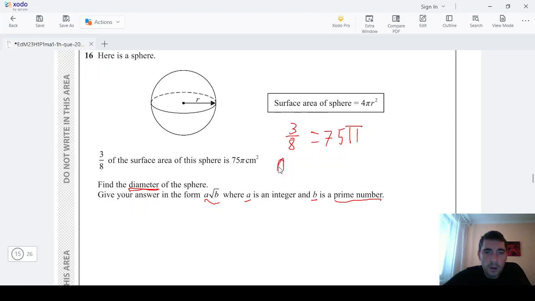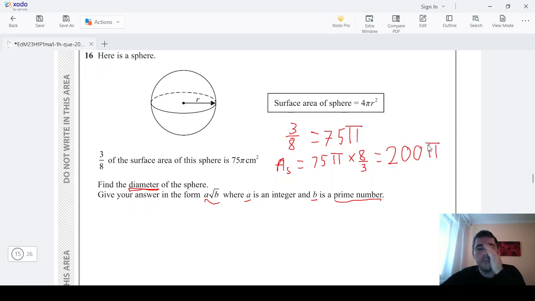Okay, so the area of the surface of the sphere is 75 pi, and I need to times that by 3, so just multiply by the reciprocal, or just divide by 3 times 8, which is, let me check, 75 divided by 3 is 25, then 25 times 8 is 200. So the full area of that sphere is 200 pi.